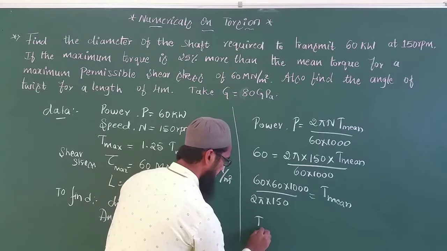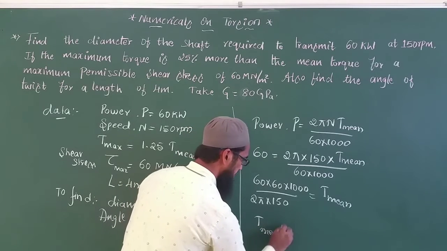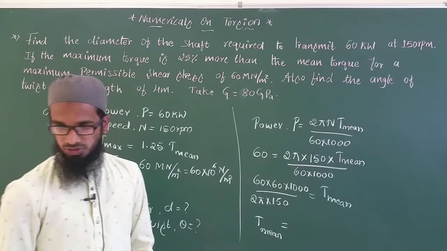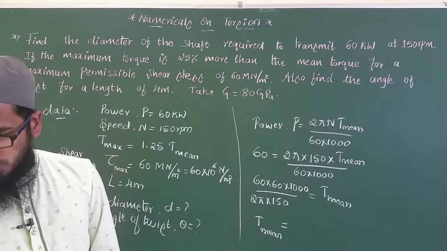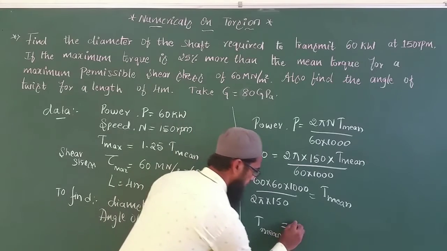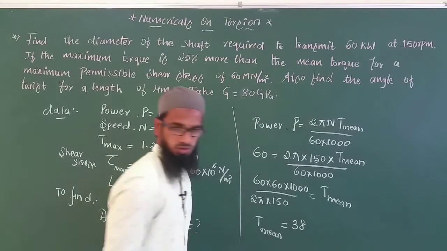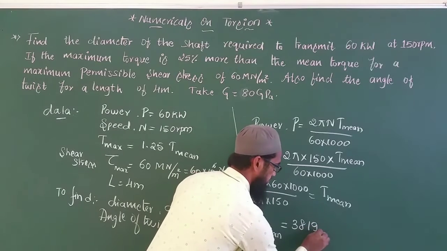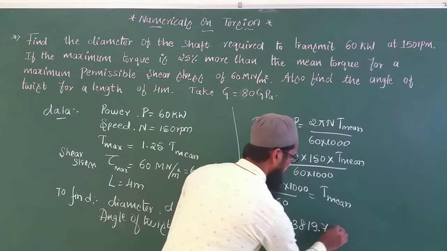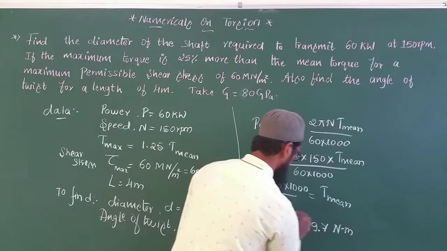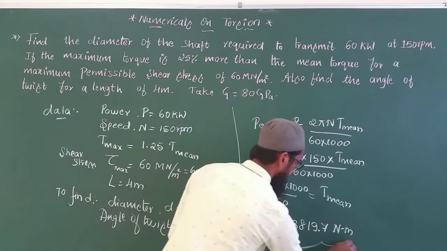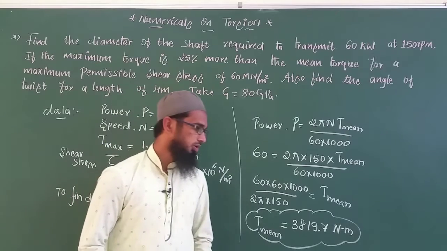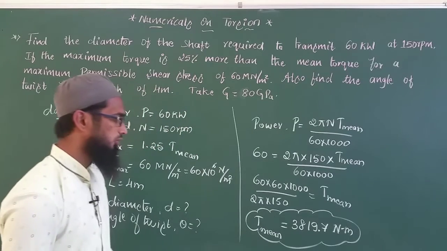So I am getting T mean as 3819.72, sorry, so the mean torque is equal to 3819.72 Newton meter.